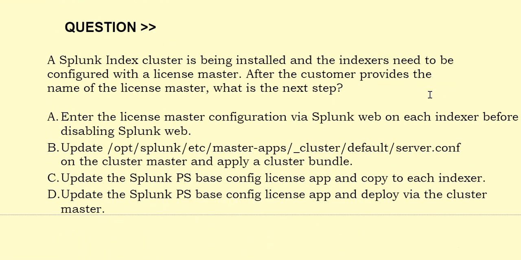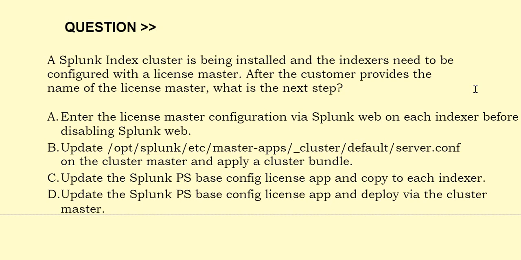Moving towards the next question. The Splunk indexer cluster is being installed and the indexers need to be configured with the license master. After the customer provides the name of the license master, what is the next step? Option A. Enter the license master configuration via Splunk Web on each indexer before disabling Splunk Web.